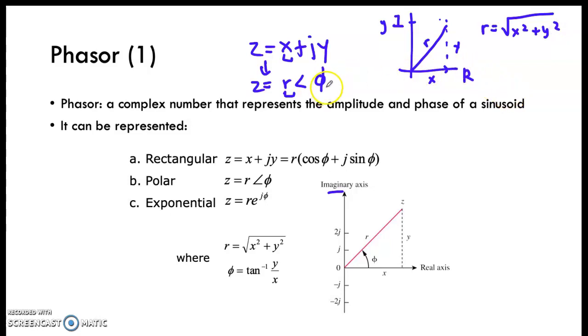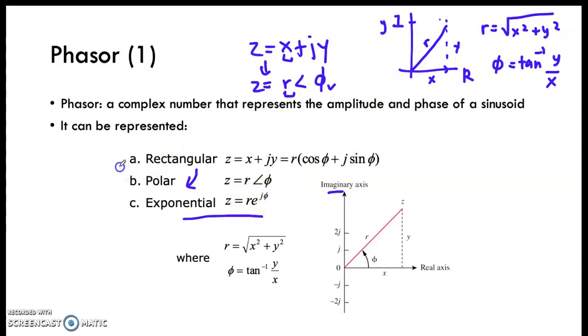And how can you get theta? Theta is the tangent inverse. Tangent is opposite over adjacent, so theta equals tangent inverse of y over x. This is how you transform rectangular to polar. We have another form, the exponential, r e to the j phi.